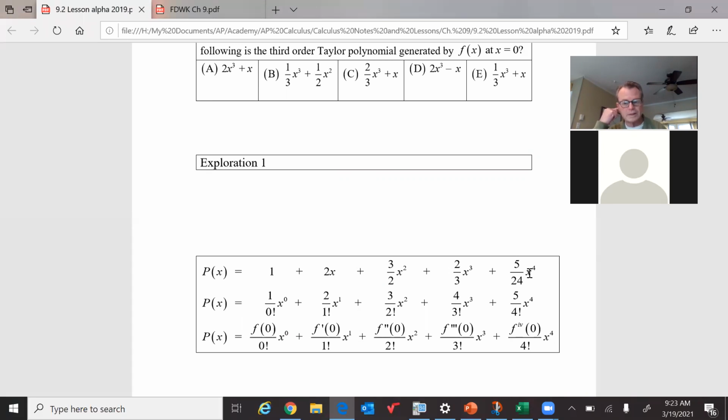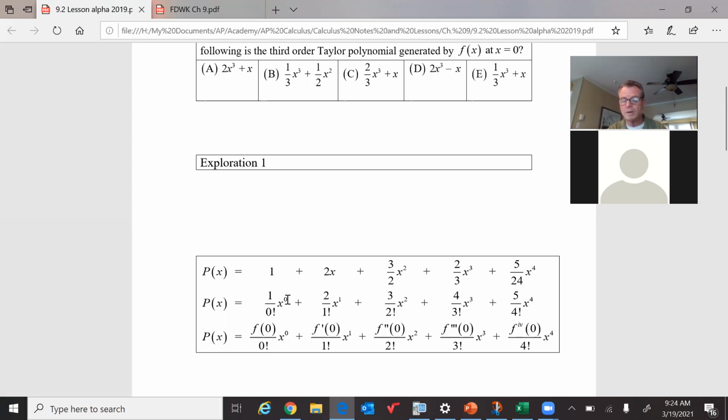But now we're going to organize this and say, okay, well, I can rewrite 1 as 1 over 1. I write 2x as 2 over 1 times x, and then write the exponents in here. So I'm going to write this as x to the 0.